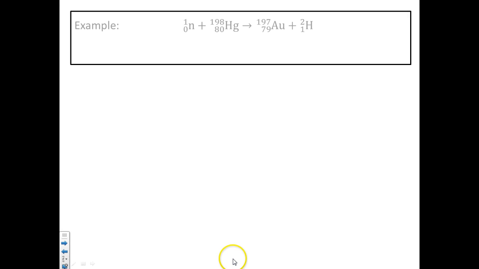So here's an example of that. If you take mercury and you collide it with a neutron, then you can produce gold and a hydrogen atom. Now, in this reaction, if you compare the left and the right masses, the initial mass, the mercury plus the neutron, has less mass than the gold plus the hydrogen.